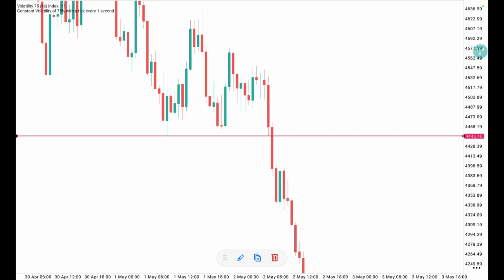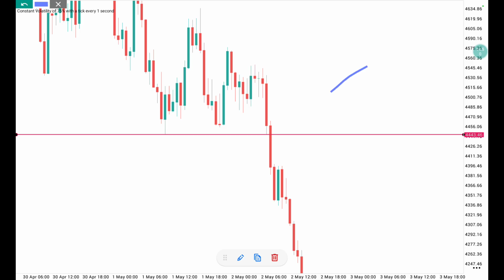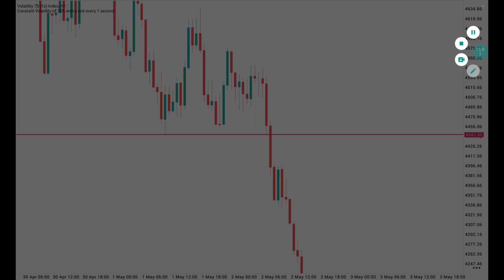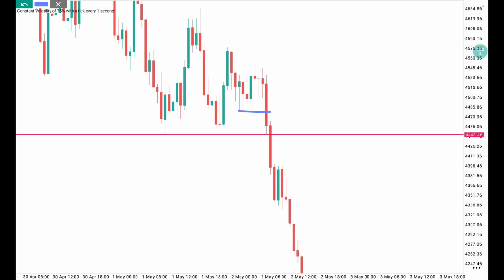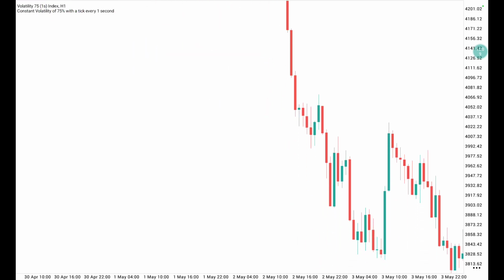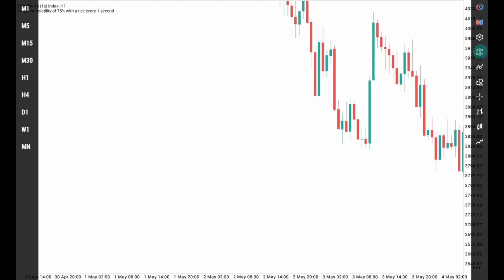Okay, there. Where do we have a valid break of structure? Here. Valid break of structure. The internal lows. So you see, because this is an internal low, internal break of structure. So as we go on, I'll teach you how to use them. Don't be confused. So you can follow this thing all the way down.